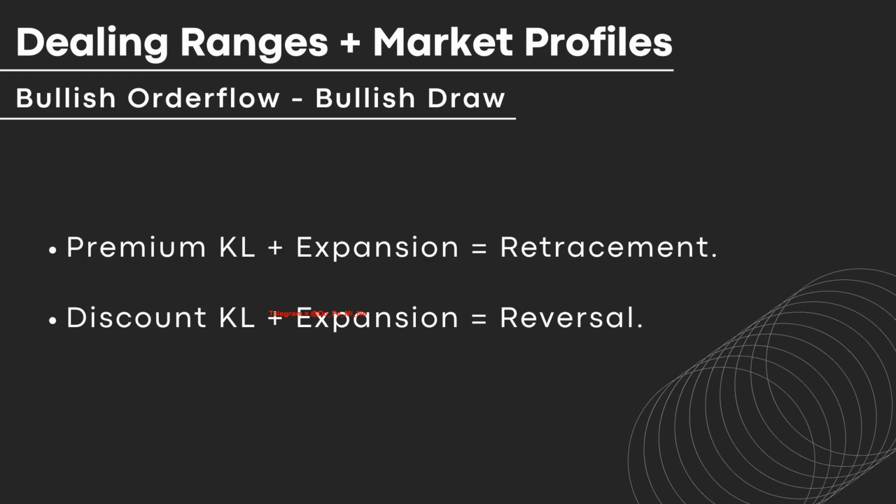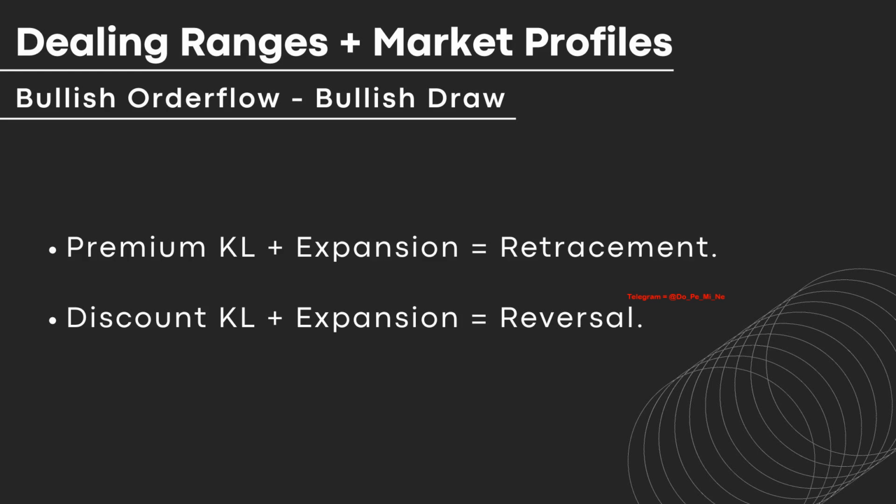In such a scenario, the possible outcome for price would be a retracement profile on the lower time frame, not on the higher time frame. That's what you will expect in this scenario.